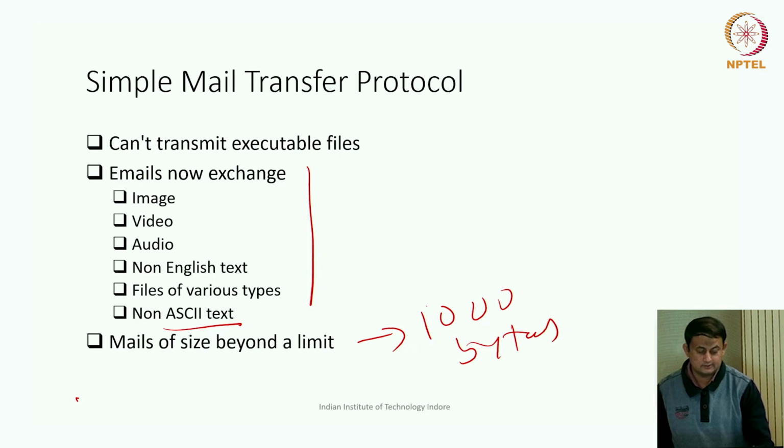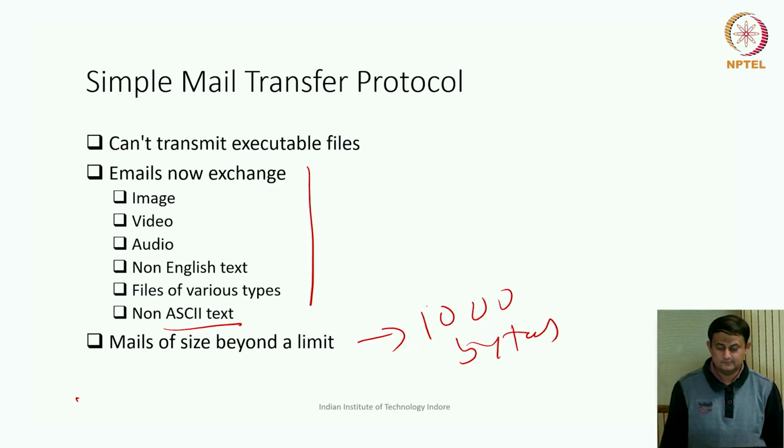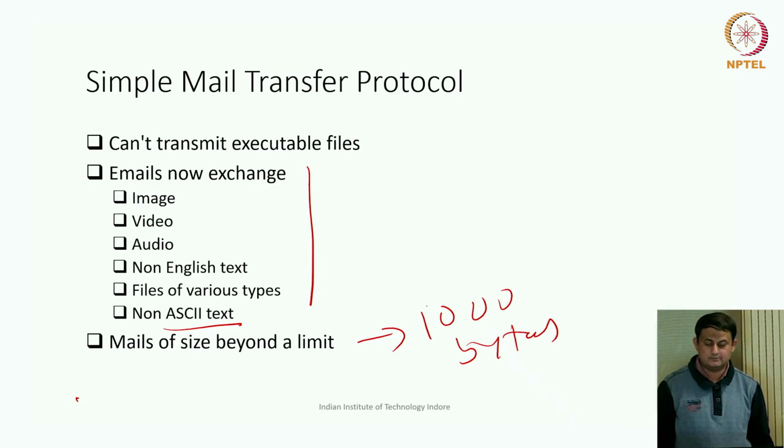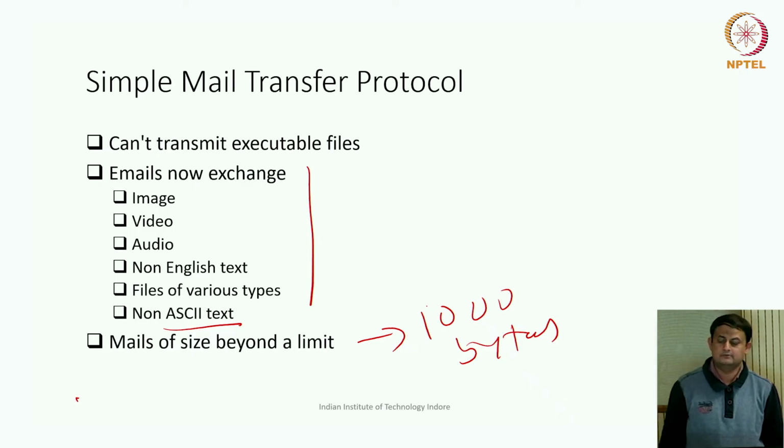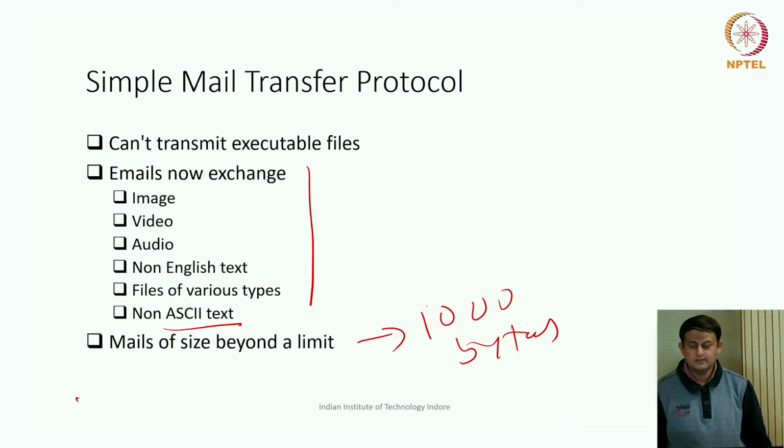This is not the exact number, it is hypothetical, just for the sake of example. You cannot send a mail beyond 1000 bytes. We don't want that limit; we want all different kinds of data to be transmitted, with no limit on how big the email can be. Even transmitting executable files was not allowed. Can we transmit an executable file? These are the kinds of questions people started asking.